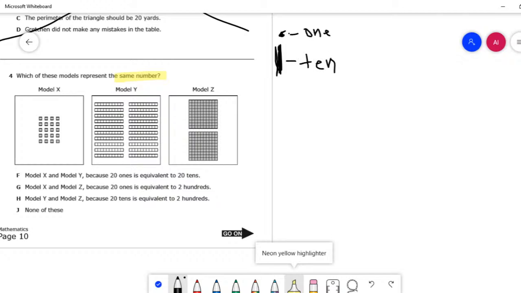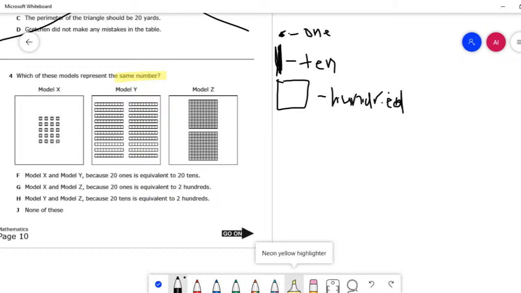So each bar would be 1 in the tens place. And each flat would be 1 in the hundreds place. So each unit is 1, each rod is 10, and each flat is 100.